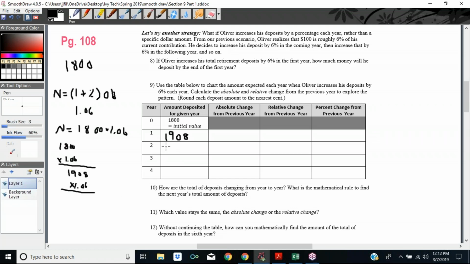And it is 2022 and 48 cents. And then we're going to take that answer times 1.06. And again for the last one.